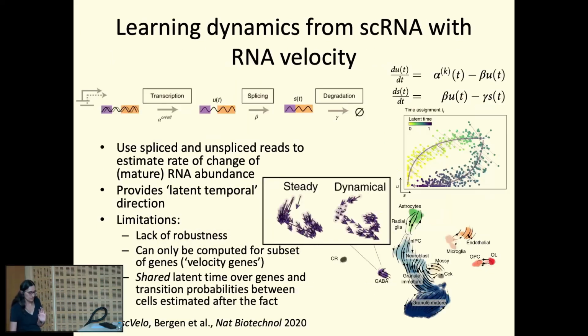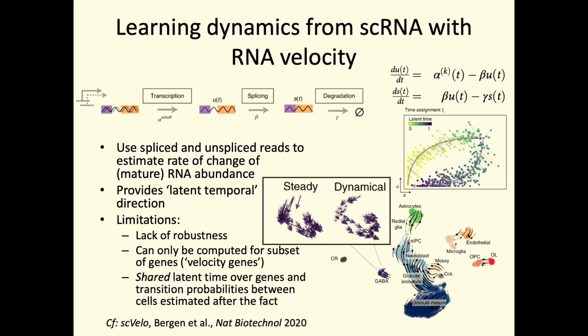we are motivated by RNA velocity. I don't know if anyone's heard of this. Okay, but we're not going to exactly use the details of RNA velocity. It's just the idea of writing down a differential equation. So what RNA velocity does is, again, single snapshot, and it's for single-cell RNA specifically.